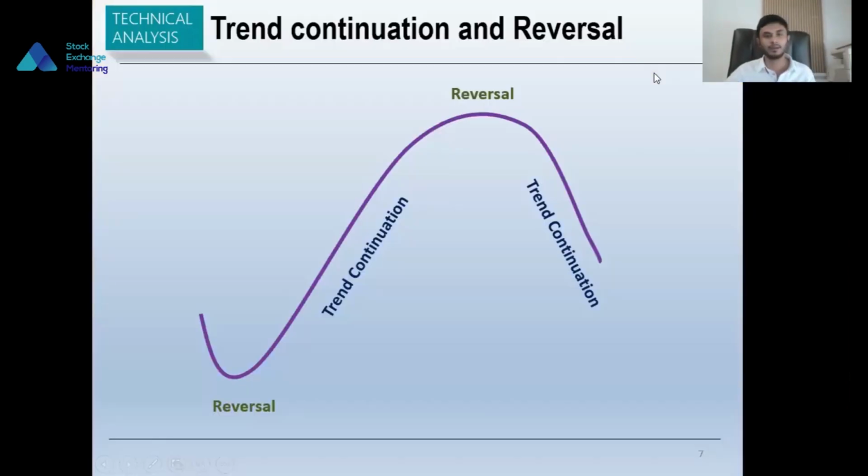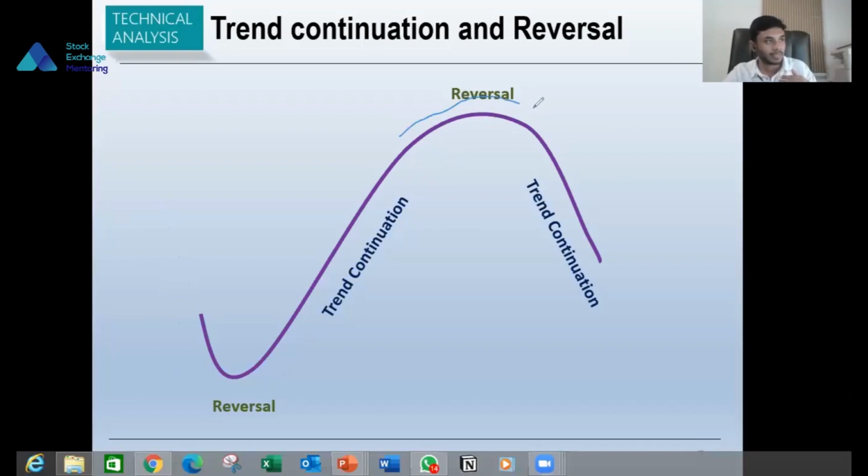So the market will mostly have these kinds of cycles, where we will find a reversal where the trend comes down, the momentum slows, and then a new trend direction starts, an upward trend, which is also known as a bullish trend. Then again, the bullish trend can slow down, the momentum slows, and a reversal happens.